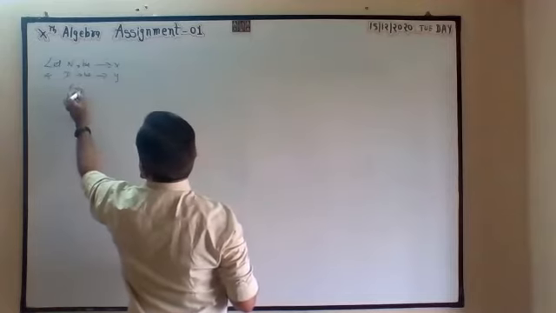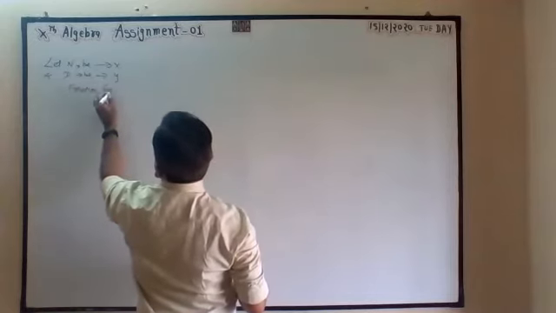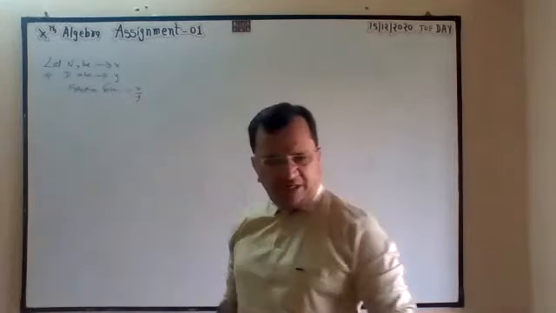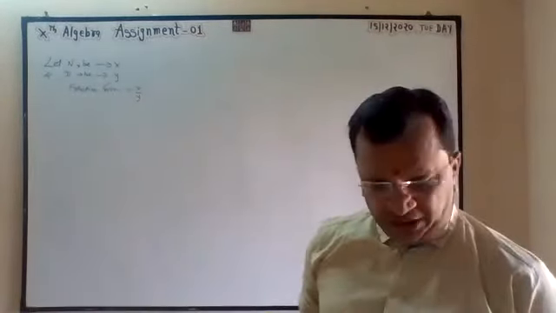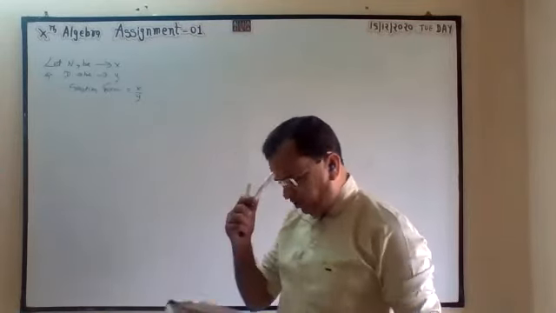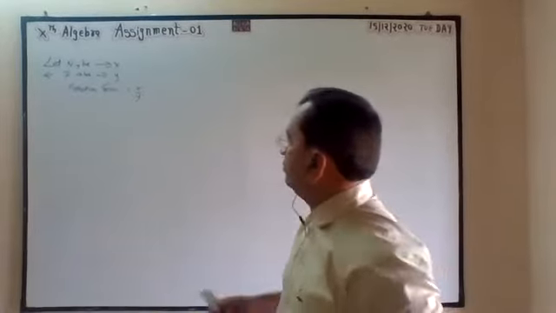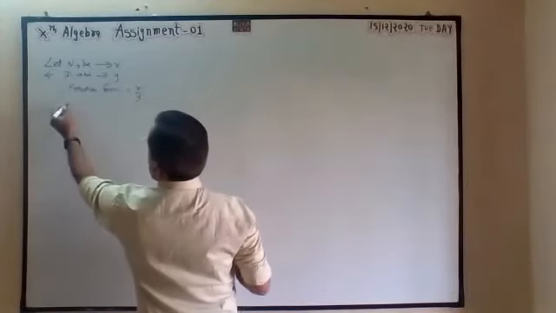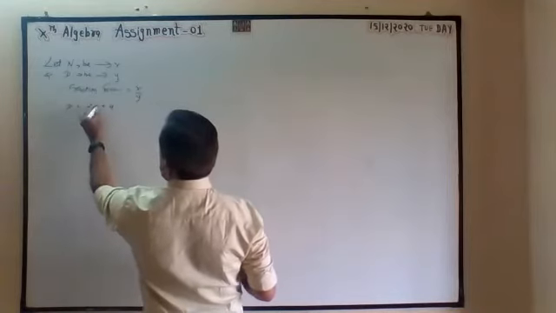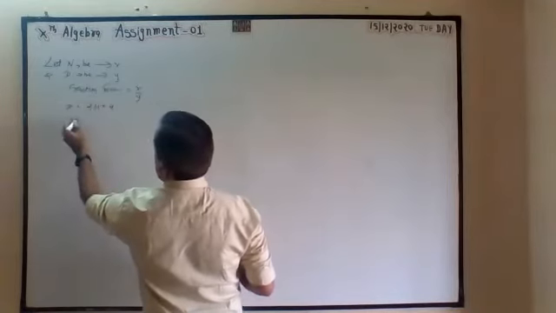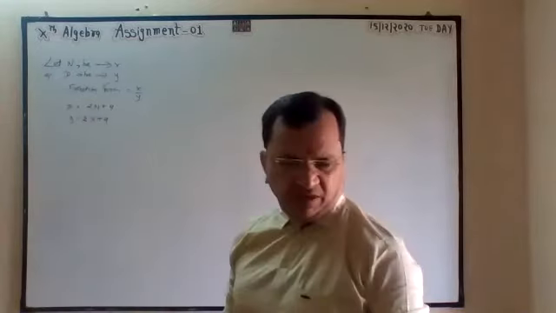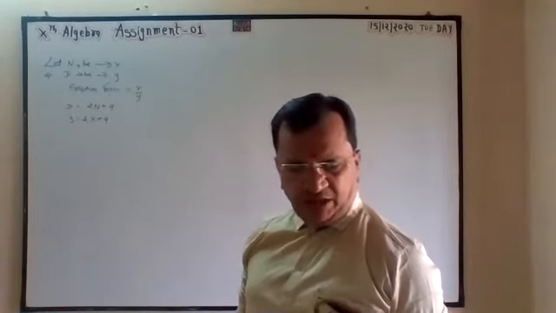Therefore fraction form x by y. Condition number 1: the denominator is 4 more than twice the numerator. So y is equal to 2x plus 4.